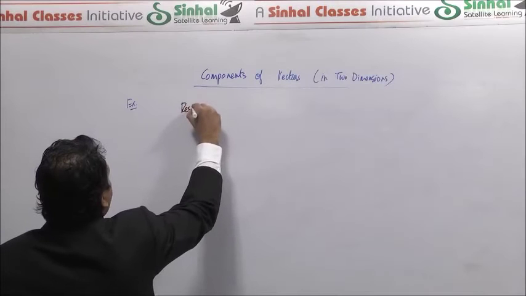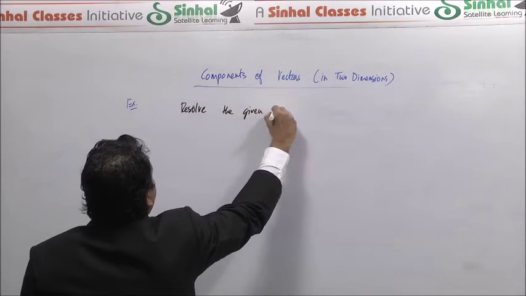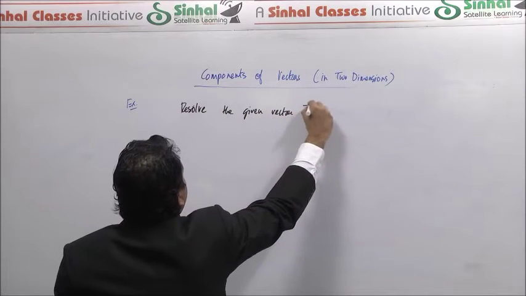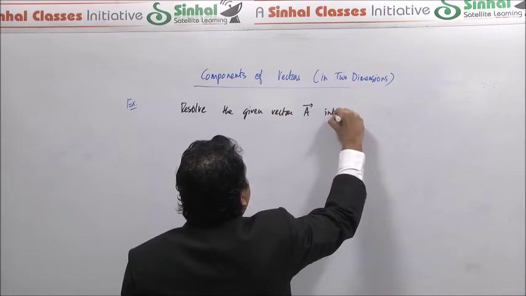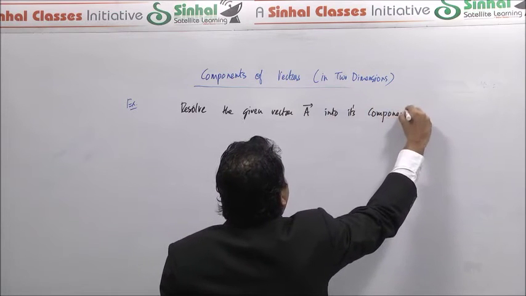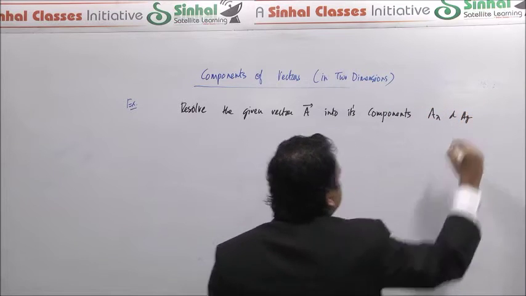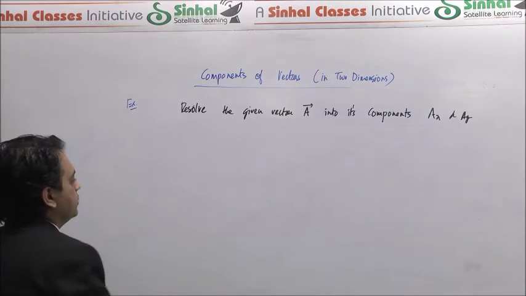So resolve the given vector into its components AX and AY. So that is the operation we are trying to work out here.